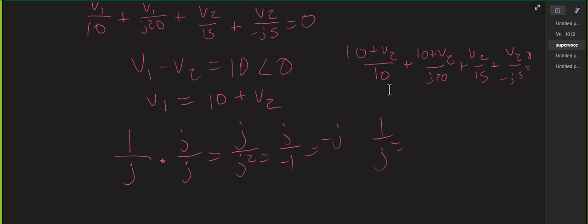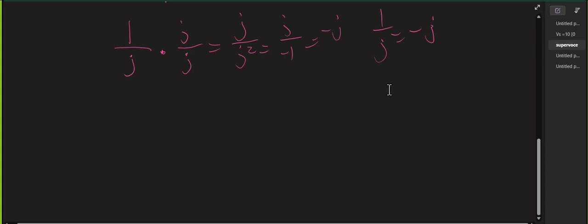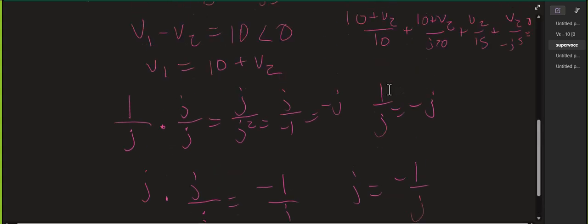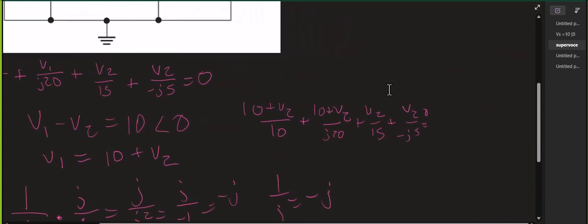So 1 over j equals negative j. Similarly, j equals negative 1 over j. So I'm going to use that on my equation.